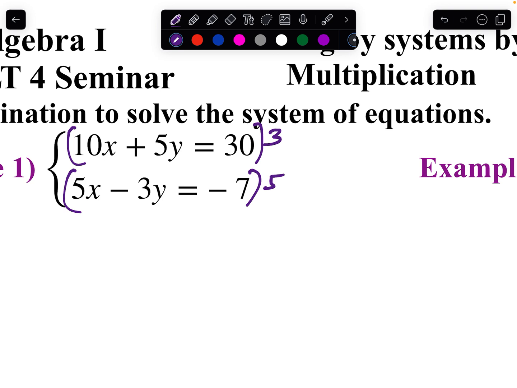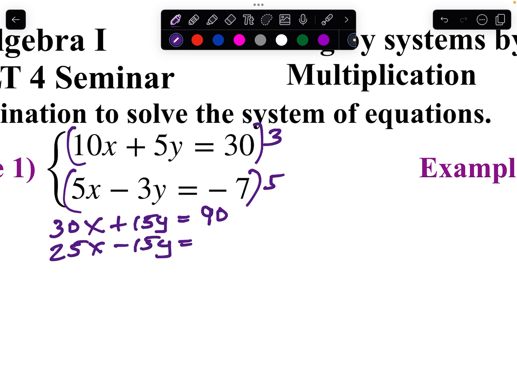So 10 times 3 is 30x plus 15y equals 3 times 30 is 90. Then we'll multiply the second equation by 5. So I get 25x minus 15y equals negative 35.